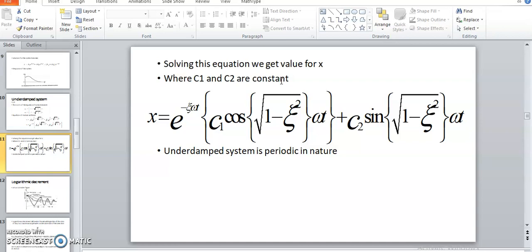The damped natural frequency becomes square root of 1 minus zeta square times omega. So this term, square root of 1 minus zeta square omega, is nothing but the damped natural frequency. Instead of this we can write omega d as the damped natural frequency.